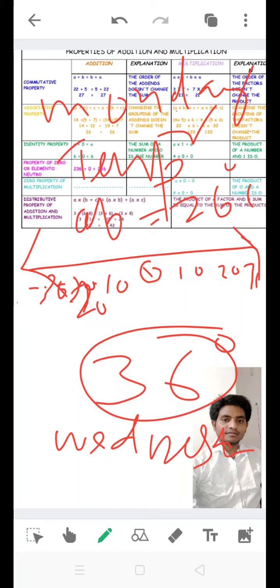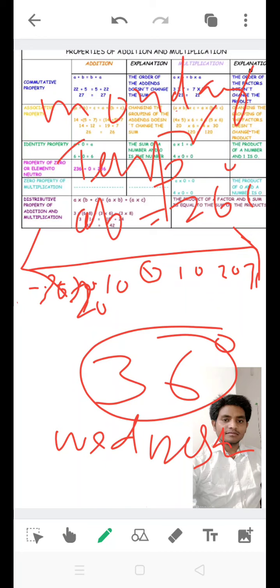Then what is the change in temperature? That means the temperature increased after 2 days. How much? 36 minus 26, you get 10. The temperature increases by 10 degrees centigrade after 2 days. Okay.